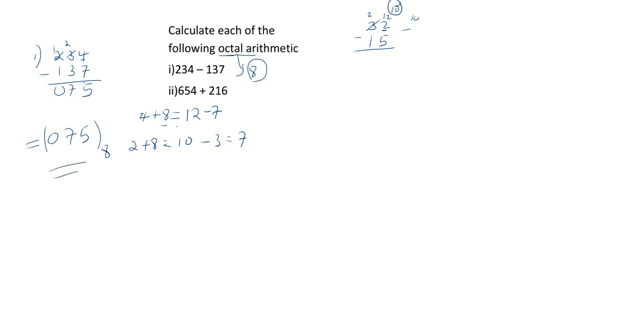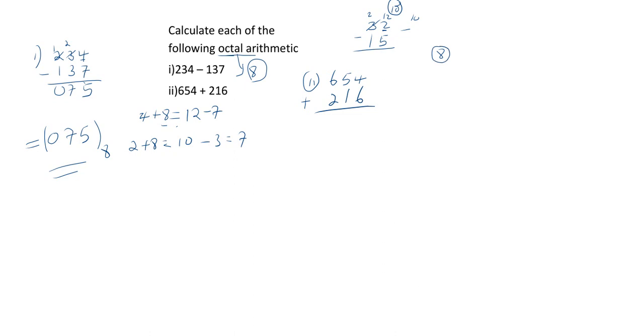The second one is octal addition. So we have 654, we are adding 216. So if we add two numbers and we get a number that is greater than 8, then there is a carry.